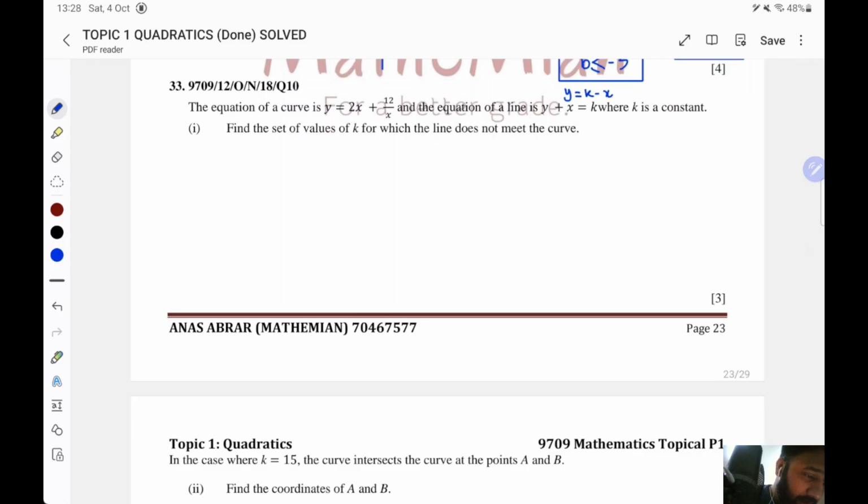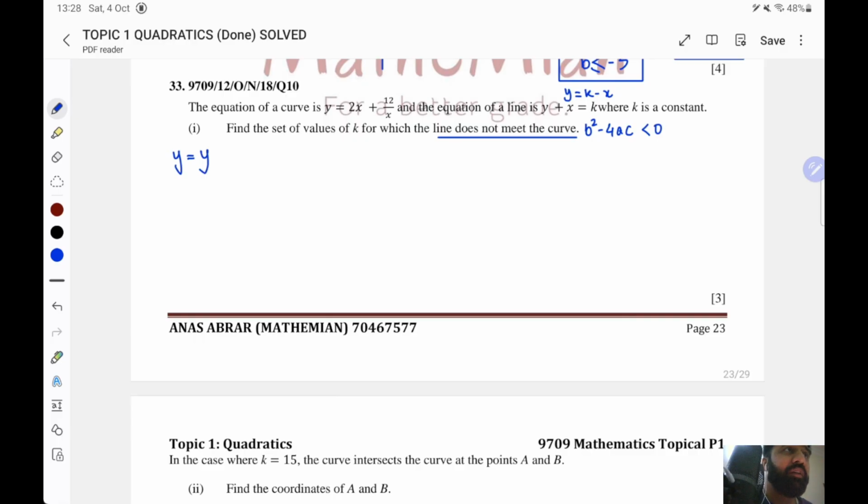Find the set of values of k for which the line does not meet the curve. The line does not meet the curve means that b square minus 4ac will be less than 0. So first of all we will find the equation of intersection.